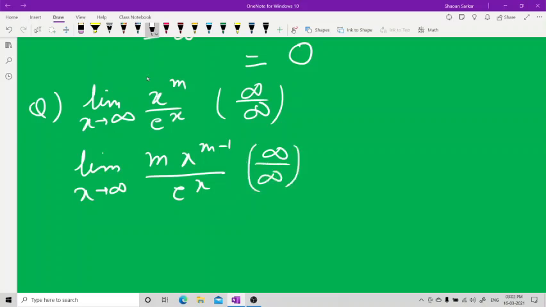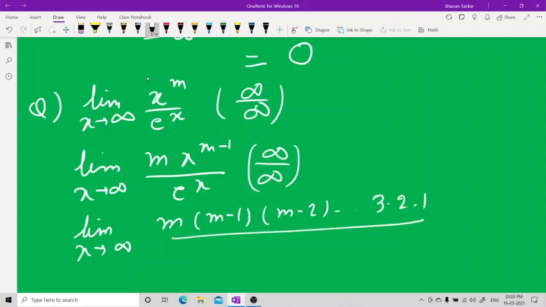Now carry on this up to m minus 1 terms. So this becomes m times m minus 1 and m minus 2 up to 3 into 2 into 1 upon e to the power of x. Now when you put infinity, e to the power of infinity is infinity. So this becomes m factorial upon infinity, and this is nothing but 0.